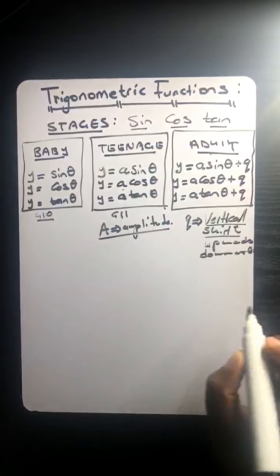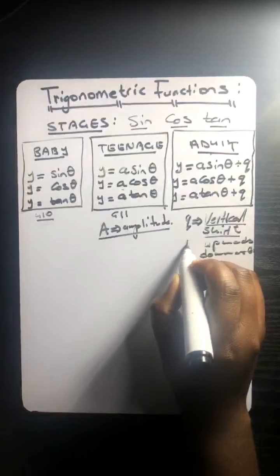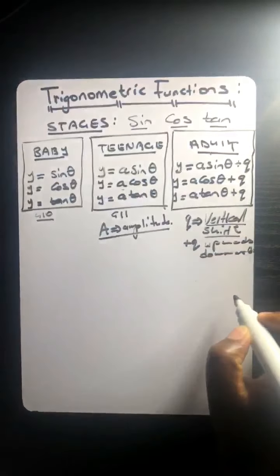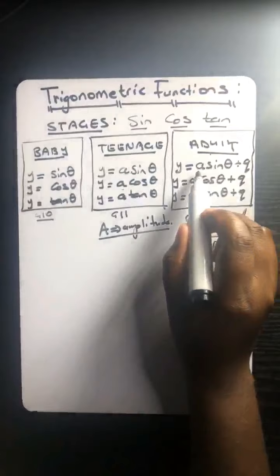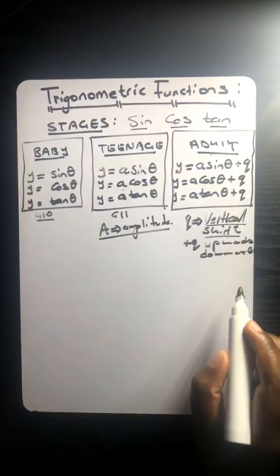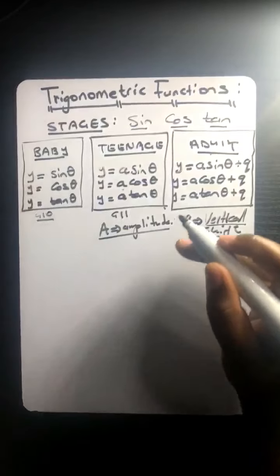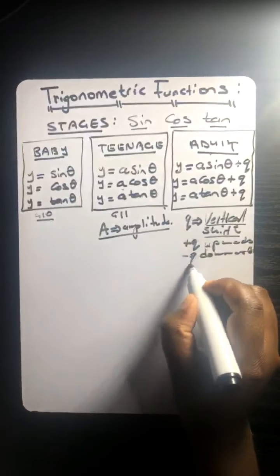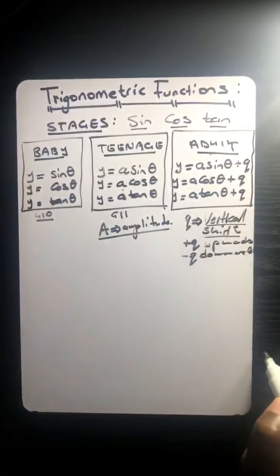If we have a positive q value, the function of sine, cos, or tan has been shifted upwards by whatever q is. If it's a negative q, the function has been shifted downwards by whatever q is.